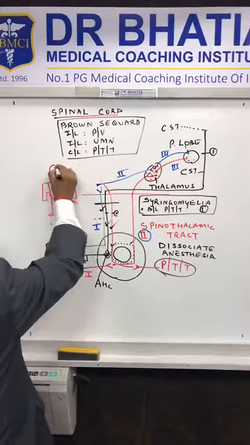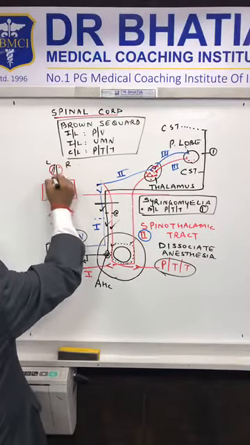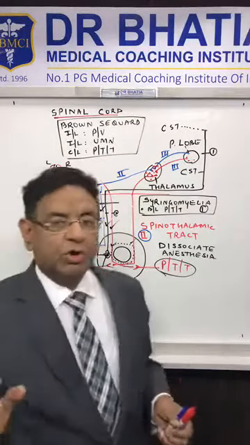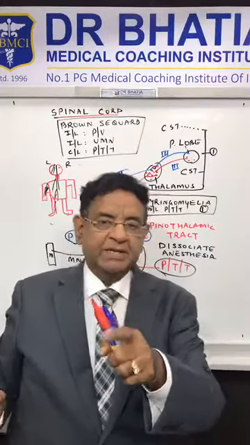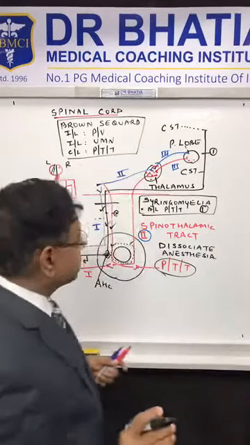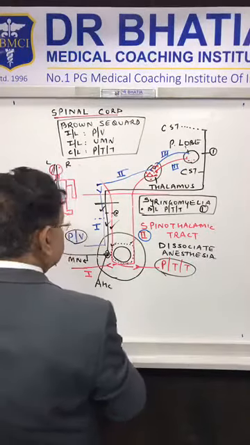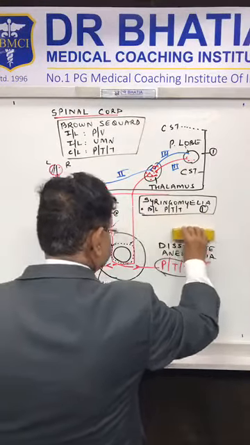So there will be complete loss of all sensation on the left side. So in thalamic bleed, there is contralateral hemianesthesia.